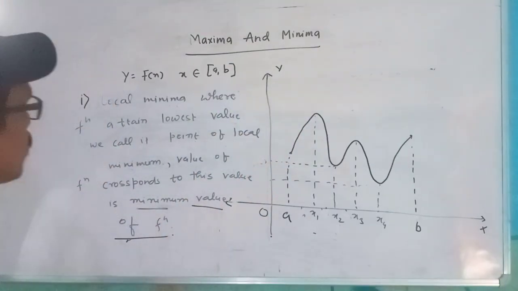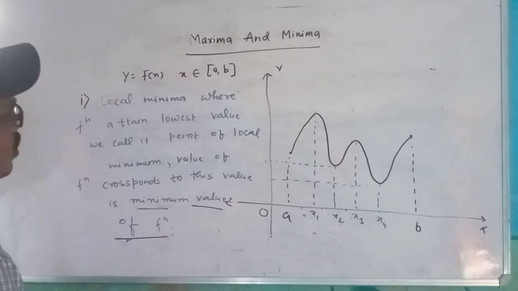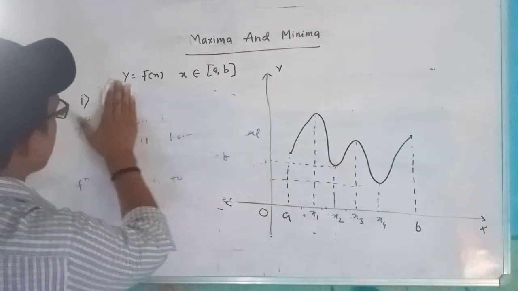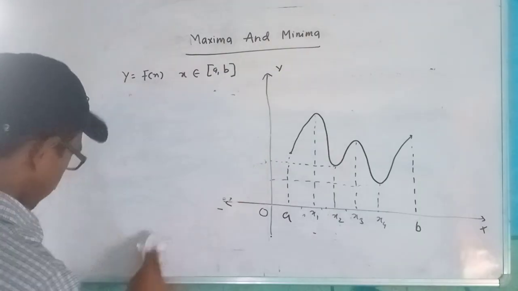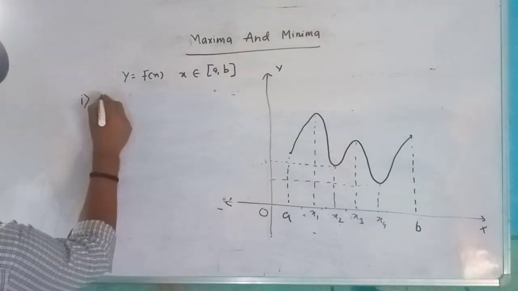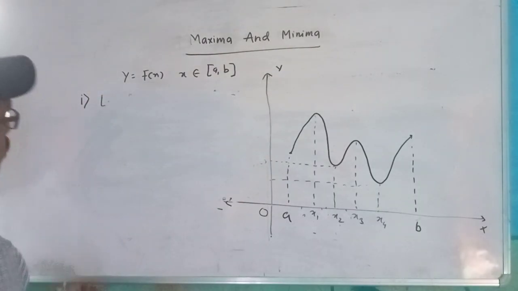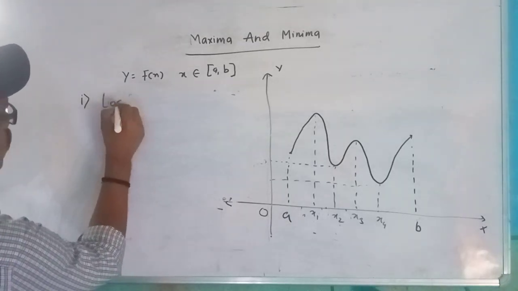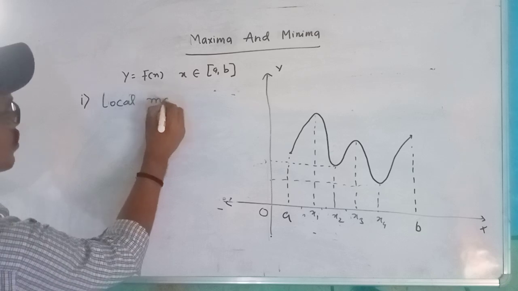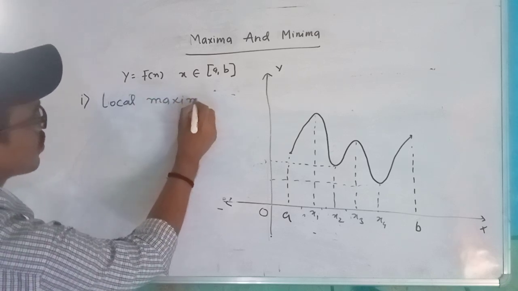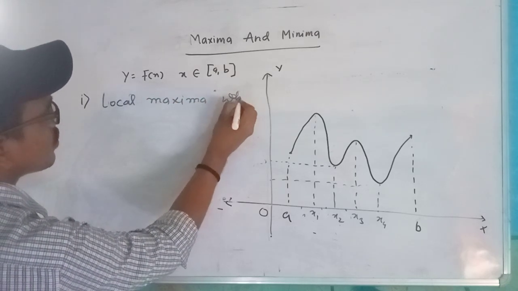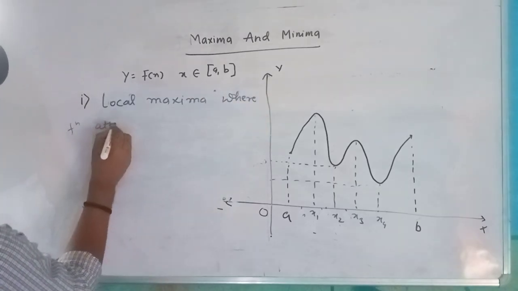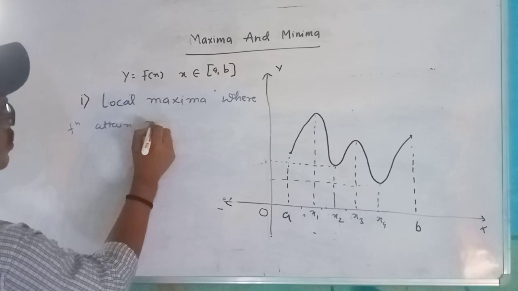Now we have another term, that is local maximum, where the function attains the maximum value.